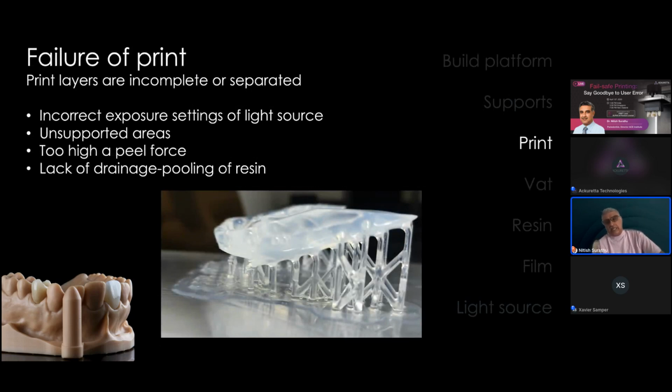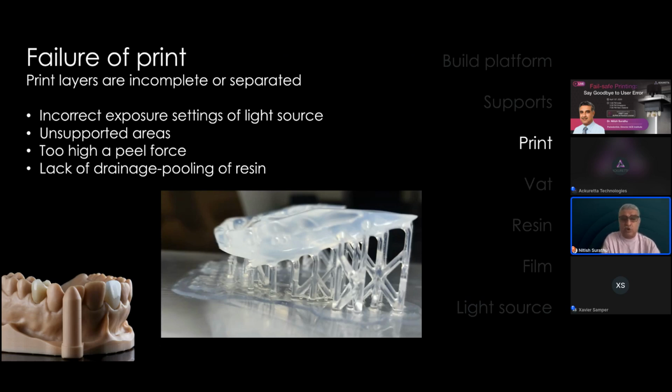And these are usually separations between layers of the actual print itself. Now, these can be because of light source issues. It can also be because your light is okay, but your film is too smudged on the bottom of your vat. Therefore, the film's not letting in enough light. You can have unsupported areas of a print, for example.